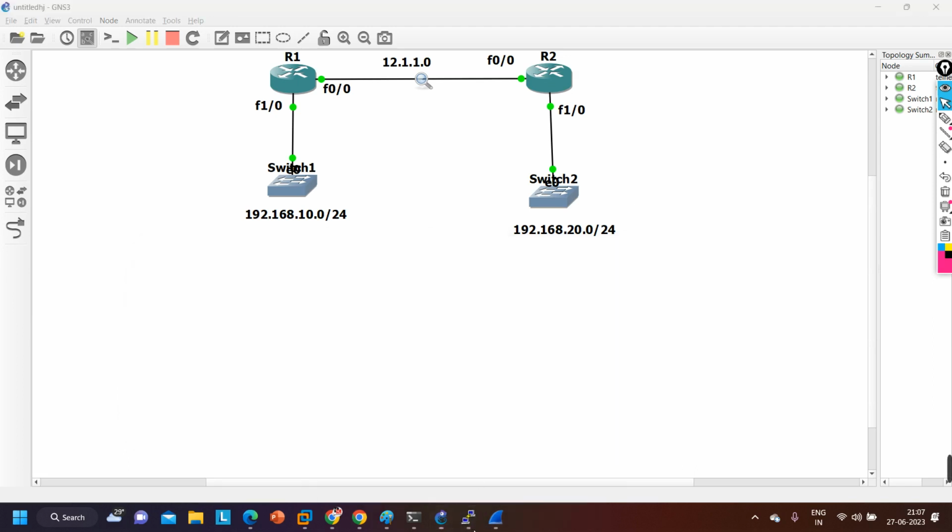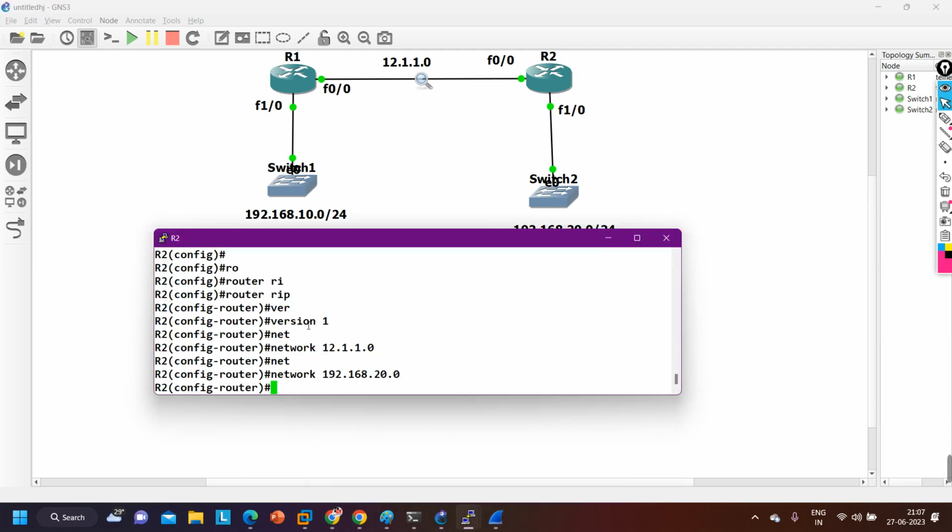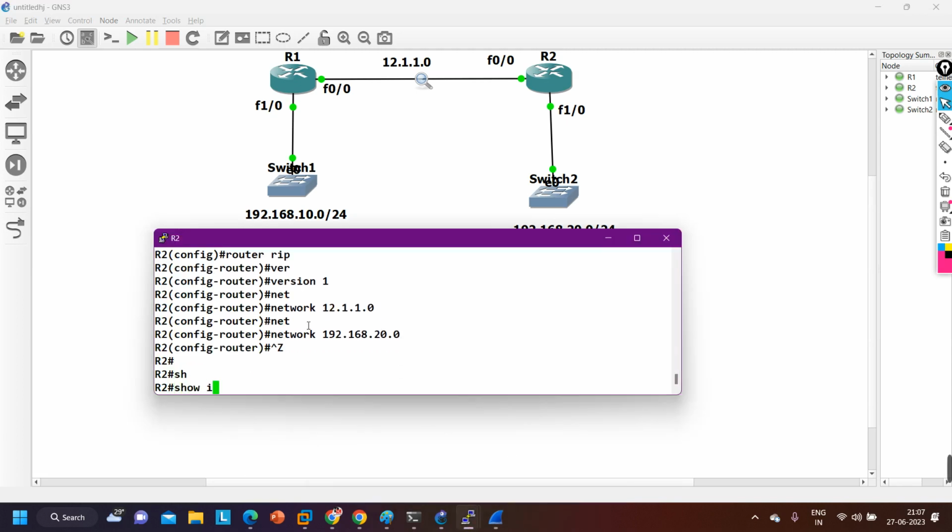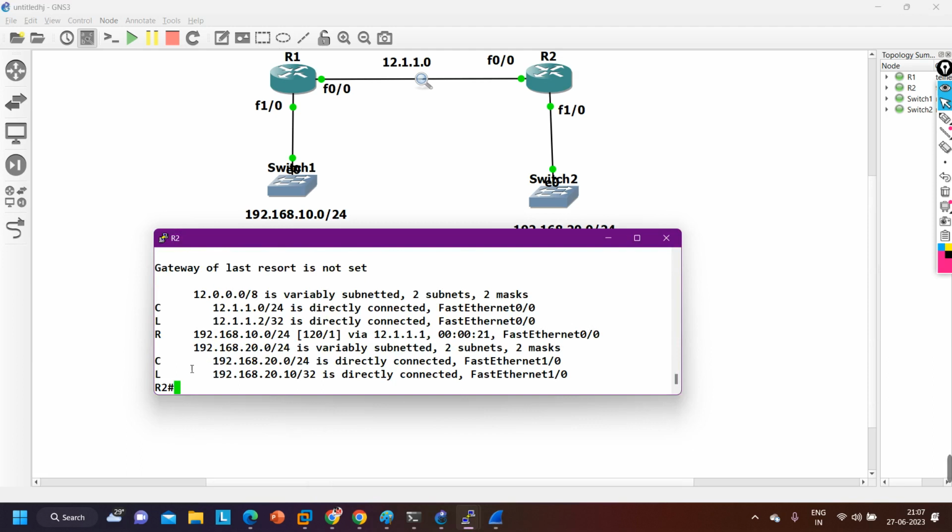Done. Very good. Router 2. Show IP route. Router 2 has also learned one network through RIP, that is 192.168.10.0. AD value is 120, metric is 1, and next hop IP address is 12.1.1.1, 20 seconds ago and on this interface.